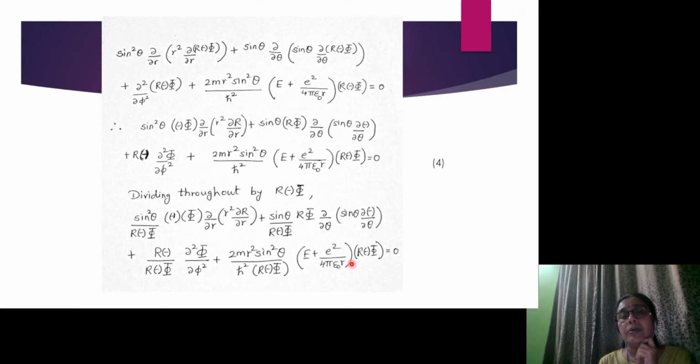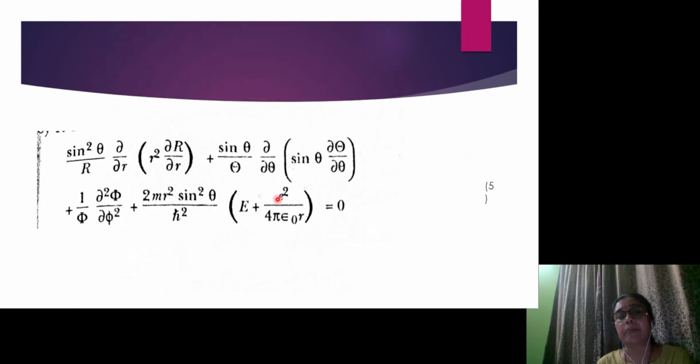Okay, so just have a look. We are removing the unwanted terms by dividing throughout by r theta phi. So the first term contains capital R in the denominator, the second term contains capital Theta in the denominator, and the third term has capital Phi in the denominator.